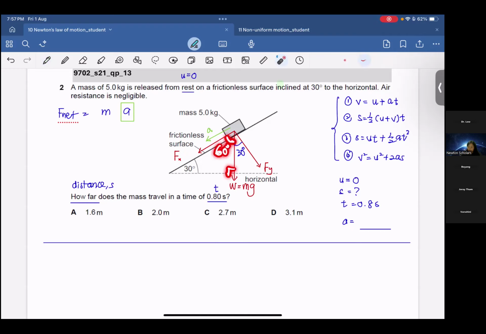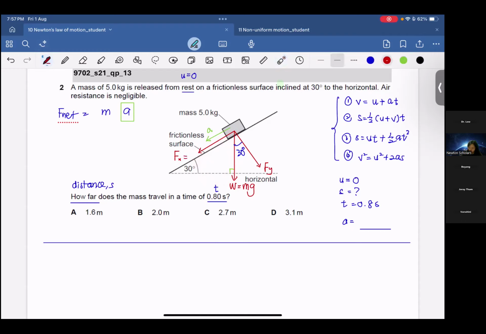I need to find this Fx. So I need to resolve the weight into Fx. Resolution, lesson number 1, we already learned. If the angle is not between the two forces, we use sine. So Fx at here will equal mg sine theta.